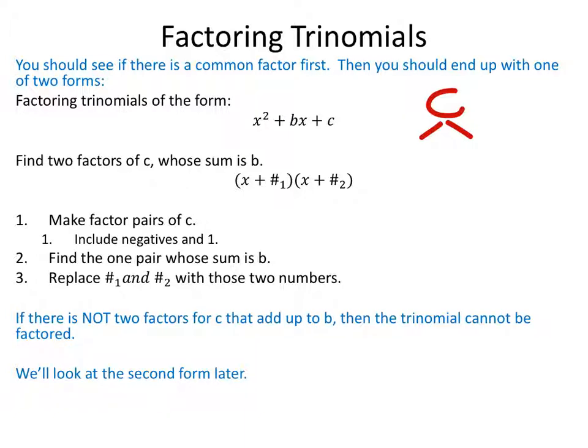Okay? So if it was, for example, maybe this was 10, right? My factors would be 1 and 10, and maybe 2 and 5. Those would be factor pairs, because 1 times 10 is 10, and 2 times 5 is 10. But what I need these numbers to do is when I add them together, I need that to equal the b value.